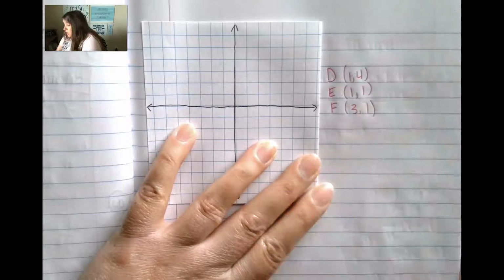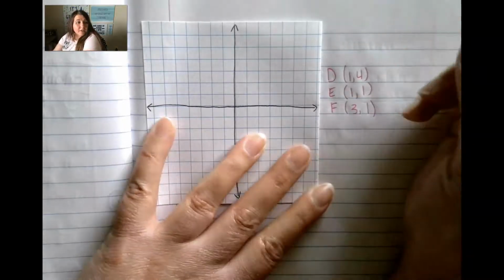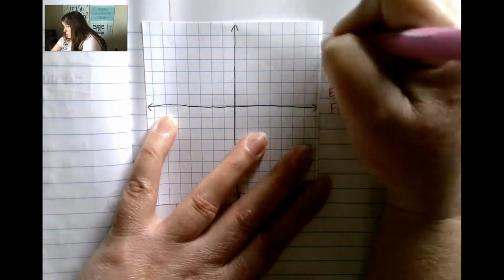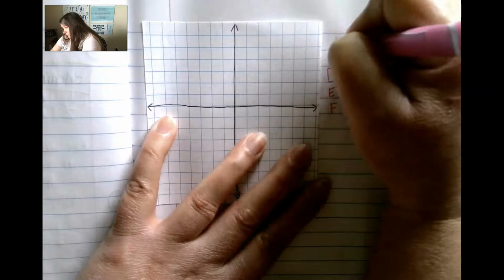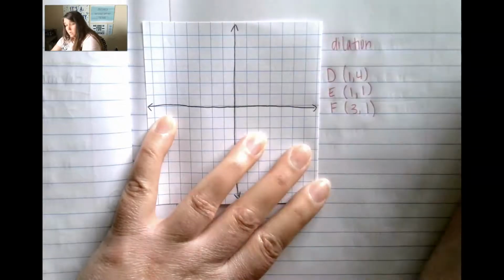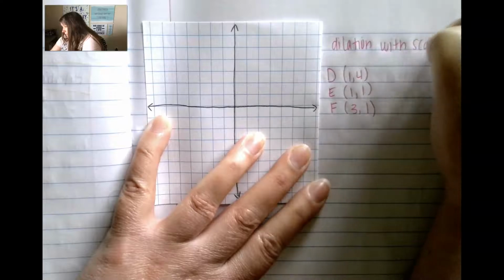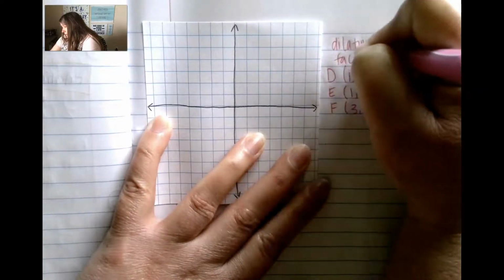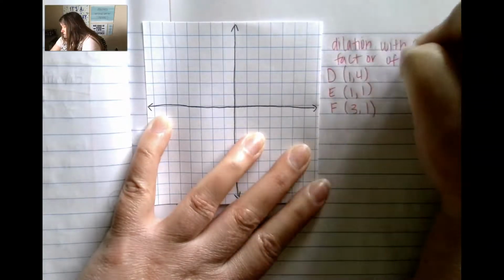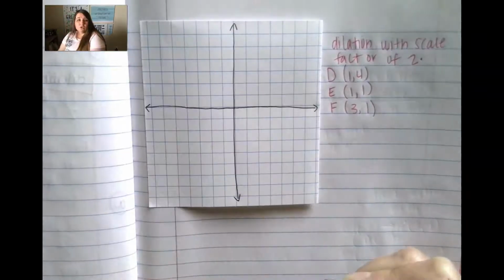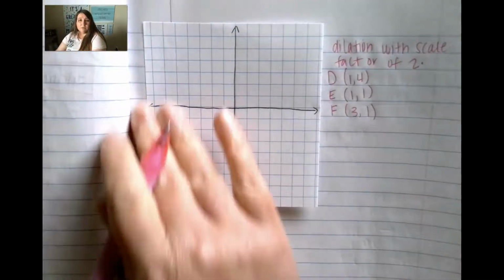So that's our original. Our scale factor, it's a dilation with scale factor of 2. Sorry, the trash man is right outside my window right now.